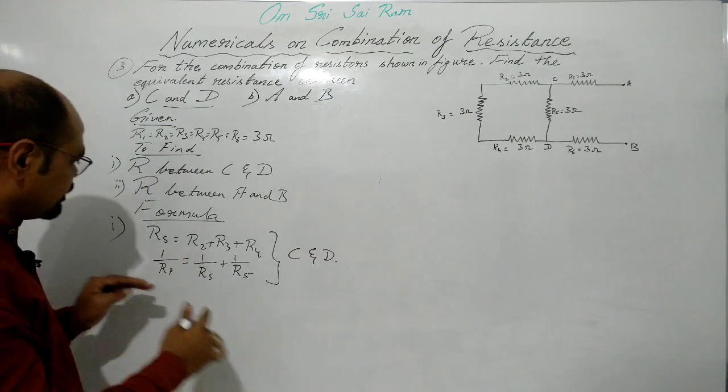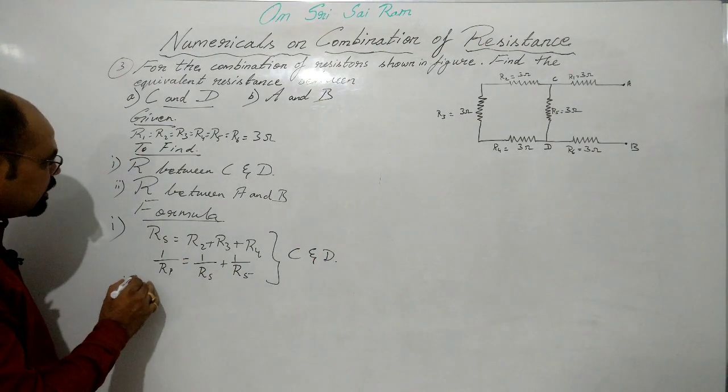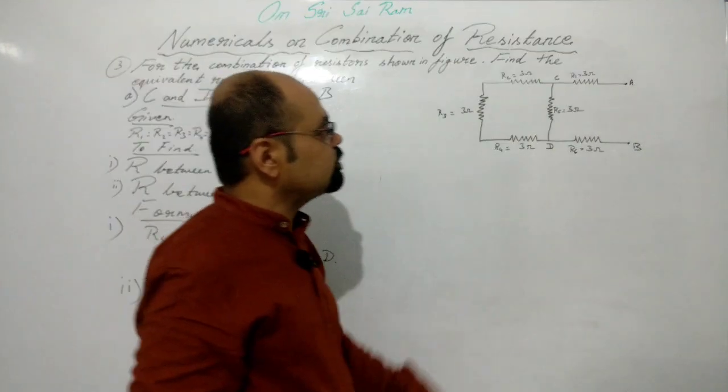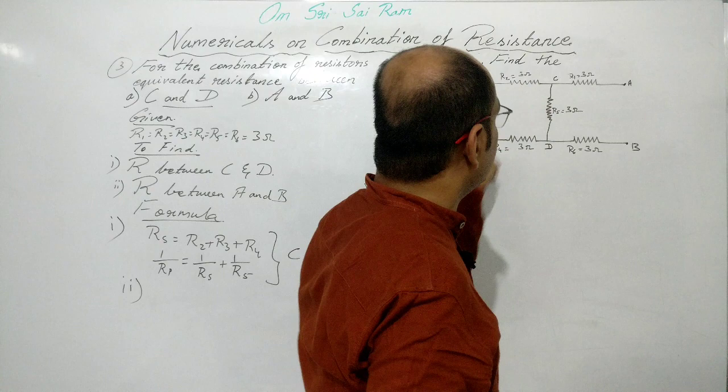Okay, next we have the second, that is resistance between A and B. To find the resistance between A and B, we need everything.